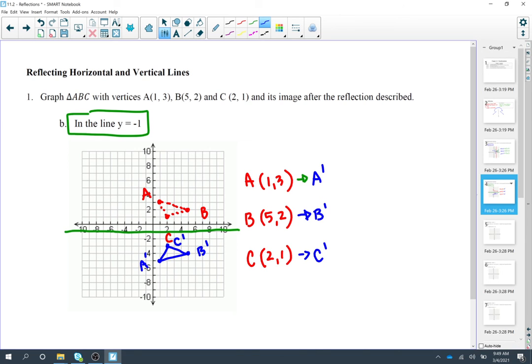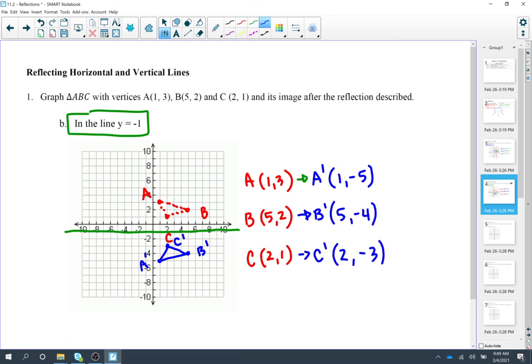So if you look really carefully at it, it kind of just reflects down. Now, A prime is currently at 1, negative 5. B prime is at 5, negative 4. And C prime is at 2, negative 3.